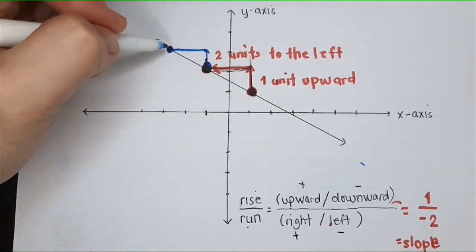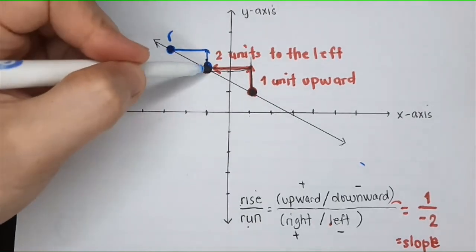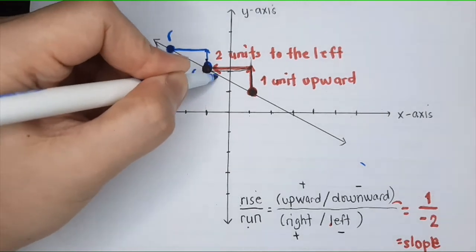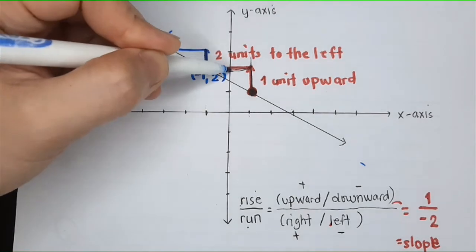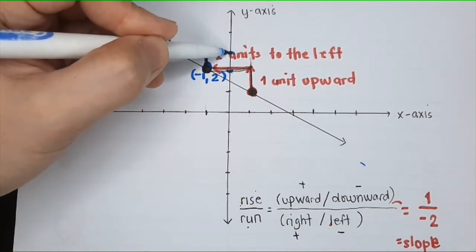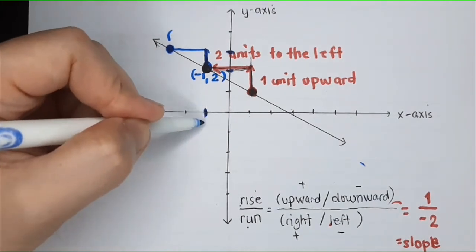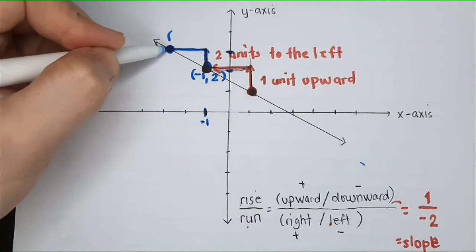So, what are the coordinates of this point? Tingnan ninyo, this is the point negative 1, 2. So, nag-move ng 1 unit upward. So, kung 2 ito ay 3. Right? And then, kung ito ay negative 1, tapos nag-move ito 2 units to the left, ano na to?